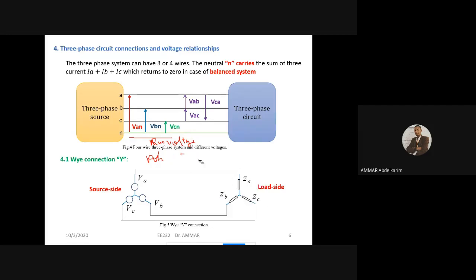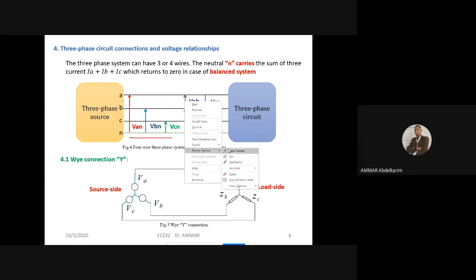Okay. We call the voltage between one phase and another phase, for example VAB, VAC, or VCA, the phase to phase voltage.